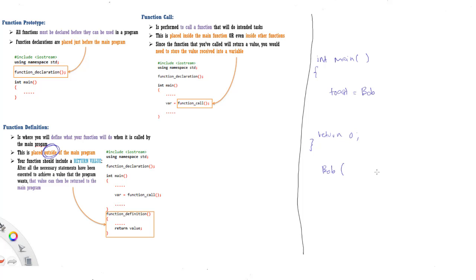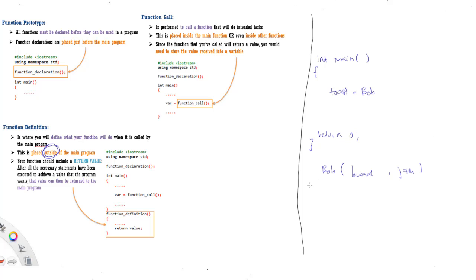So what does Bob need? Maybe Bob needs toast, and it also needs jam. So these are the parameters that Bob needs. Not toast, what did I say? Bread, not toast. So Bob needs bread and also jam.